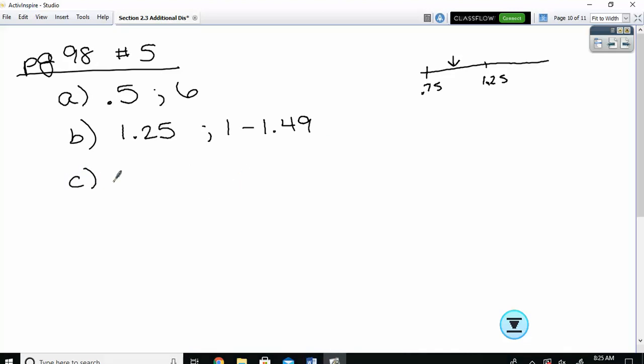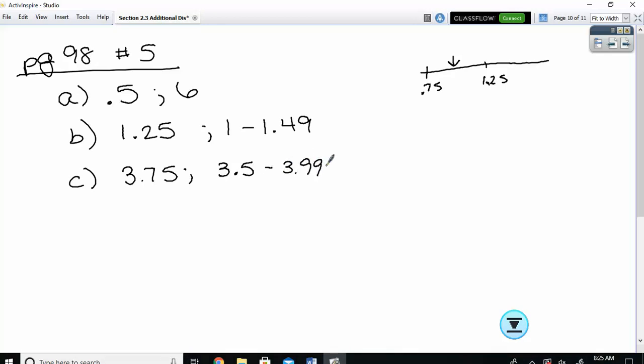Okay, C. What is the midpoint of the last class? What are the lower and upper limits of the last class? So if you look at that last one, 3.75, where would it have started? 3.5. Okay. We know the class widths are 0.5, so the next one starts at 4. So where would this one have to end?